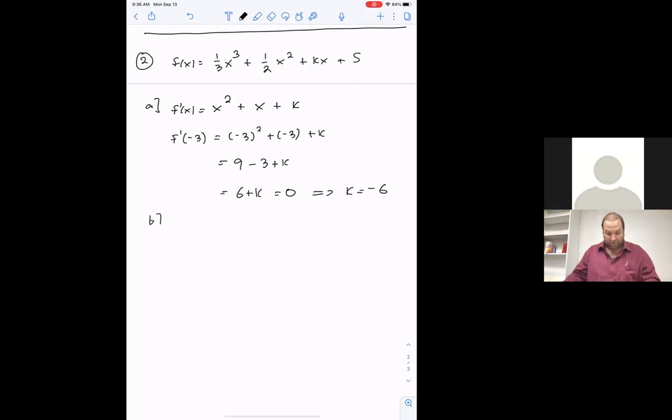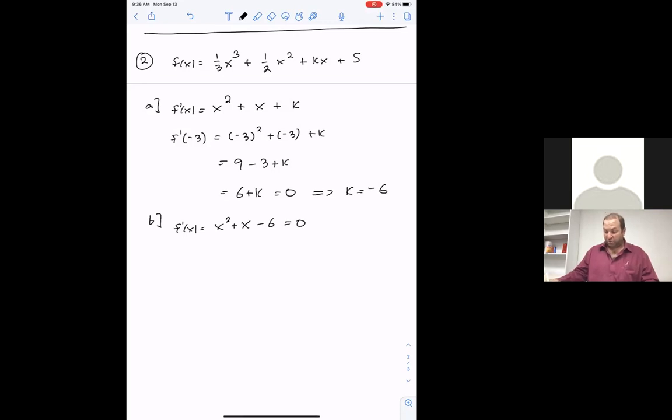Part B, find the coordinates of the local minimum. Well, we know that there's a maximum at x equals negative 3. They told me that. Now I know that f prime of x is equal to x squared plus x minus 6, because k is negative 6.